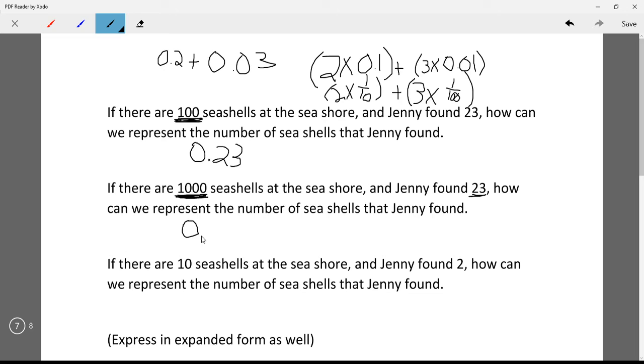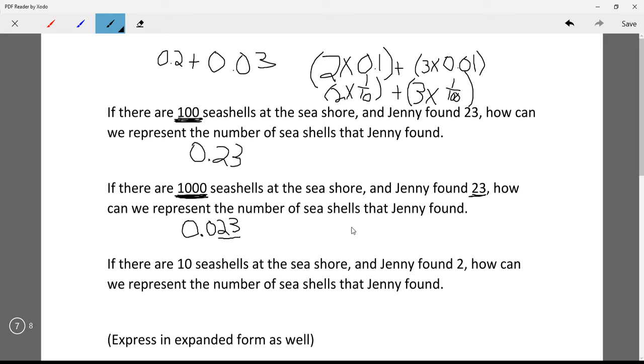Now to write 23 thousandths, we have to put 0 and then the decimal, and then for thousandths, we have to put a 0 in the tenths column, and then the 23, the 2 goes in the hundredths and the 3 goes in the thousandths. And I know that that's 23 thousandths because you always say the number that's here and then you say the place value of the last number after the decimal, right?